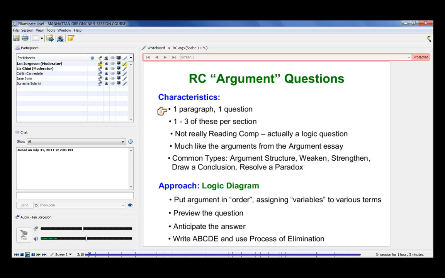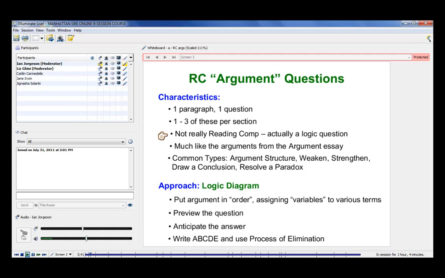So the characteristics of these types of problems is that you're only really going to get a very short passage compared to the other reading comp passages. So somewhere on the order of 3 or 4 sentences, maybe at most, basically a paragraph, and you're really only going to get one question per passage instead of 2 or 3 of them. You're going to see a couple of these per section, so between the 2 sections, maybe somewhere between 4 and 6 of these.